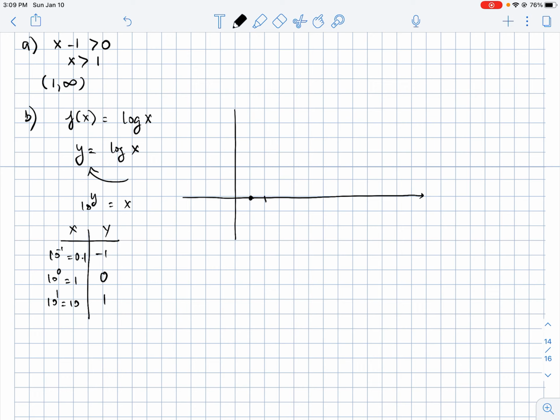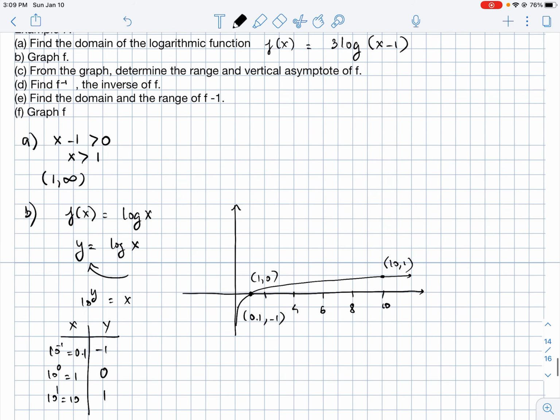We got (1, 0), (10, 1), and (0.1, negative 1). So this is the graph of log base 10 of x.